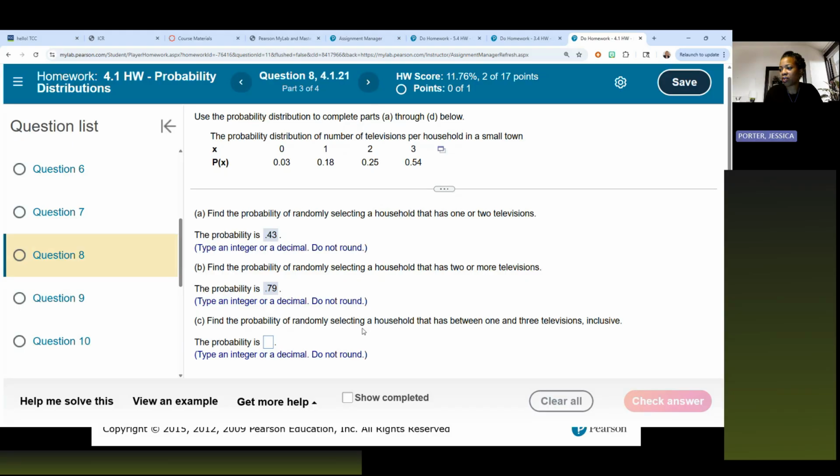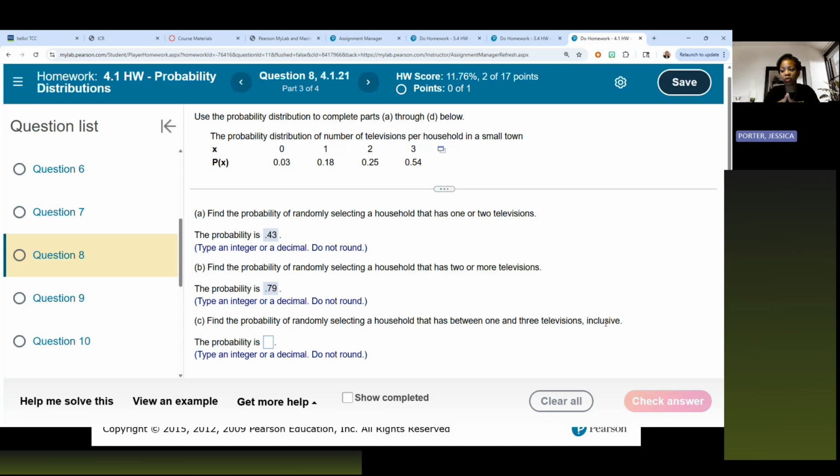All right. Find the probability of randomly selecting a household that has between 1 and 3 televisions inclusive. You could use the complement rule here. I've got a 0.97.